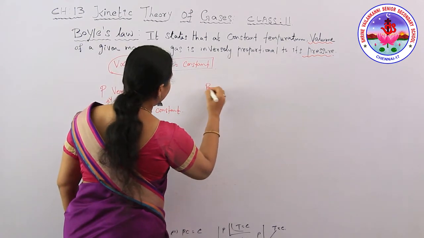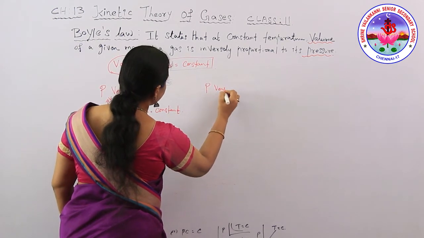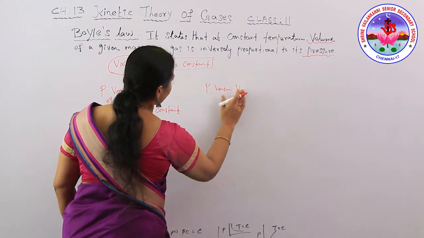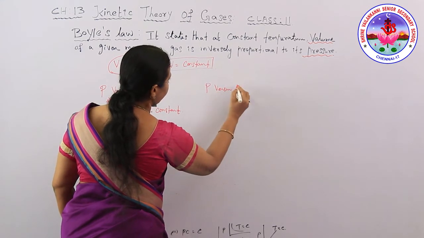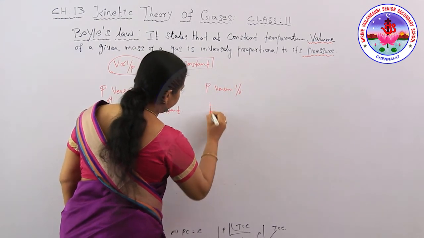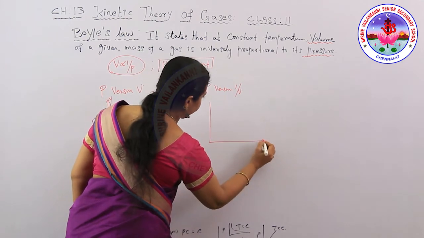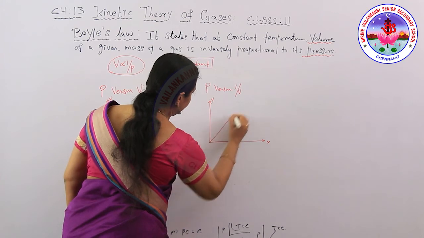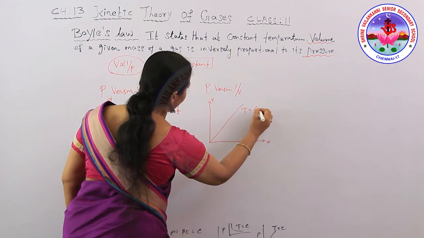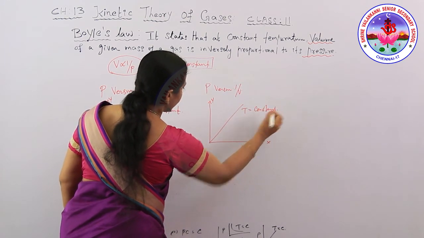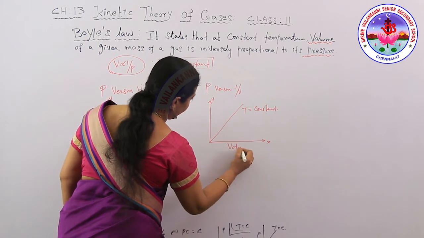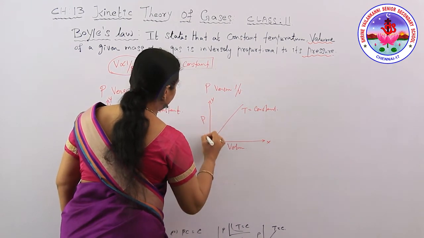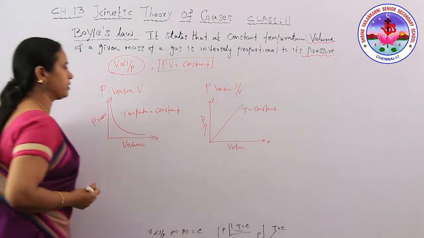If we take pressure versus 1 by V, then the graph will be a straight line, directly proportional, with temperature equal to constant.